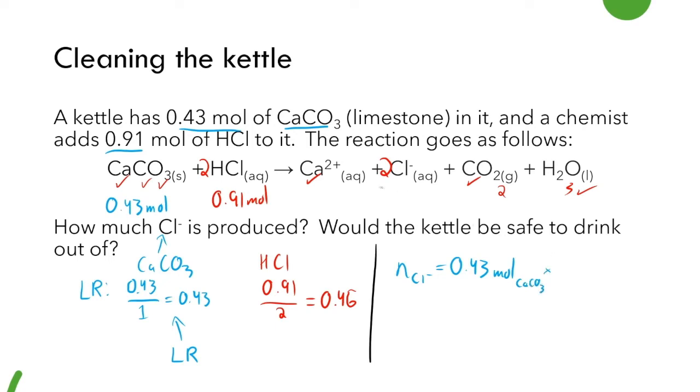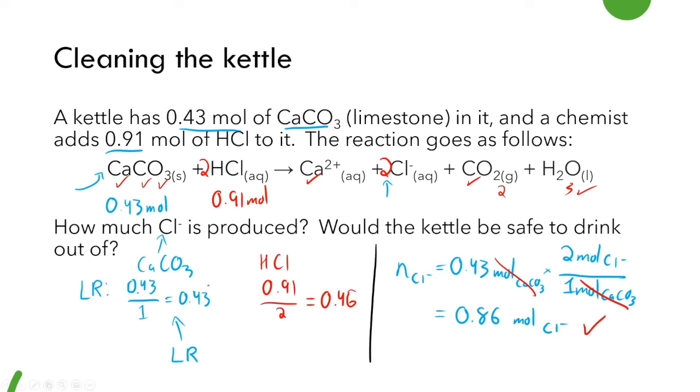We multiply by 2 moles of chloride, getting that 2 from that stoichiometric coefficient on chloride, and 1 mole of calcium carbonate. And that way, the moles of calcium carbonate are going to cancel, and we come out with 0.86 moles of chloride.